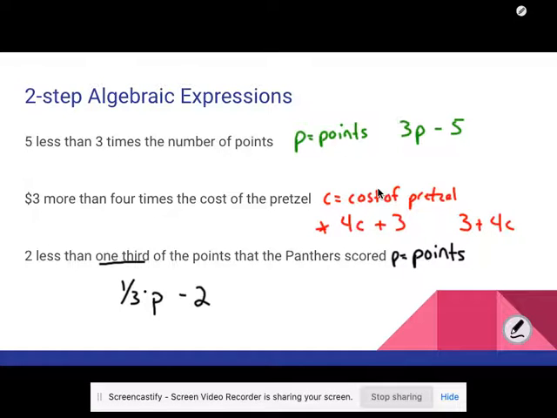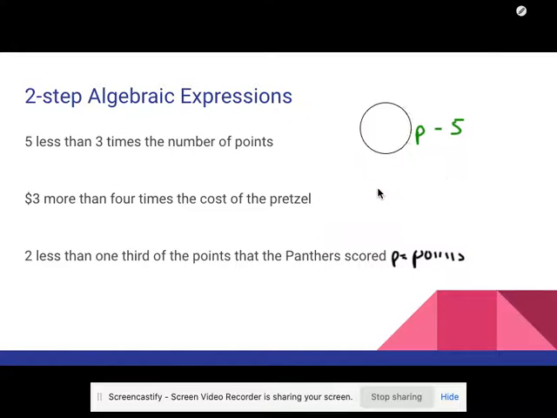And that would be my final expression. All right. So use this to solve your problems today on your assignment. And on your assignment, you do have some that you're going to then be required to solve.